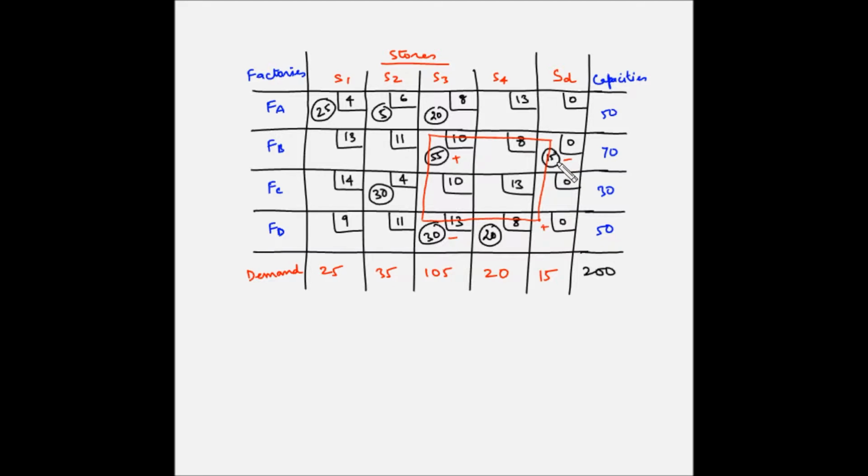So the smallest value is 15. So we'll add 15 units to the squares with positive sign and subtract 15 from the squares with the negative sign. Here 15 minus 15 allocation becomes 0. Here 55 plus 15 allocation becomes 70, and here 30 minus 15 allocation becomes 15.